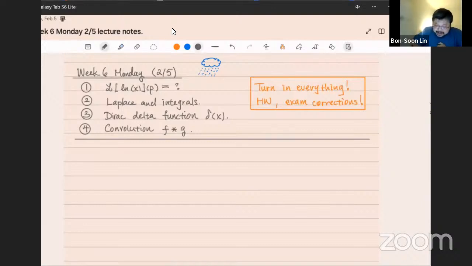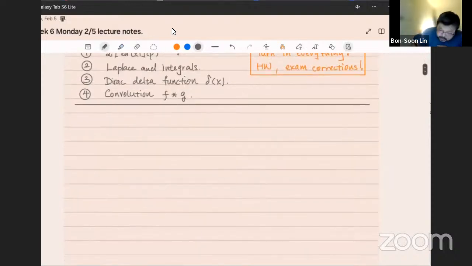Okay, so let's start. First, let's talk about the Laplace transform of natural log, right? Now before we start, recall by the sufficiency theorem that this Laplace transform does indeed exist.